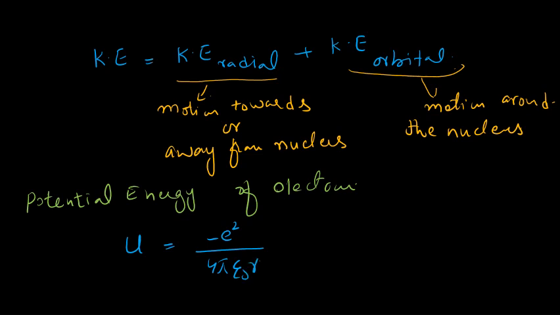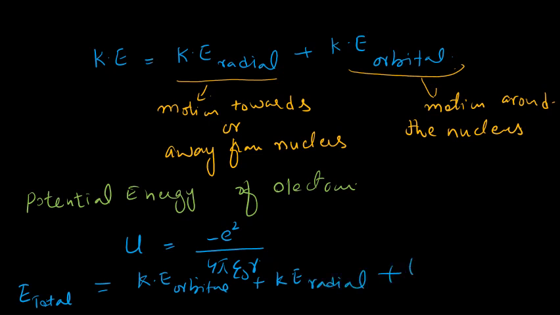So we can write the equation for the total energy E, which is the sum of kinetic energy due to orbital motion plus kinetic energy due to the radial motion plus potential energy.